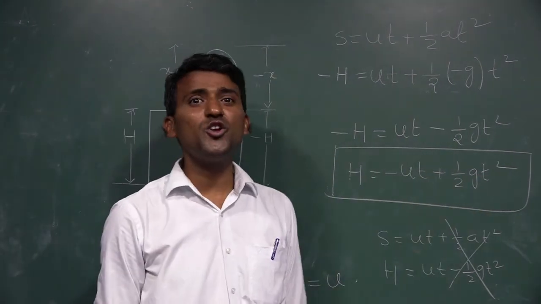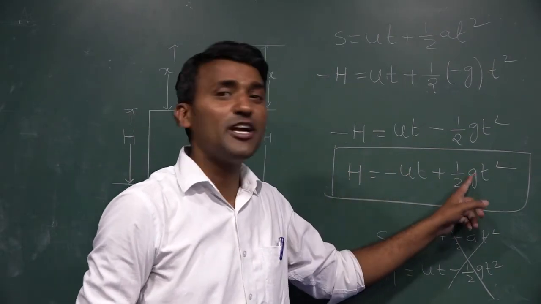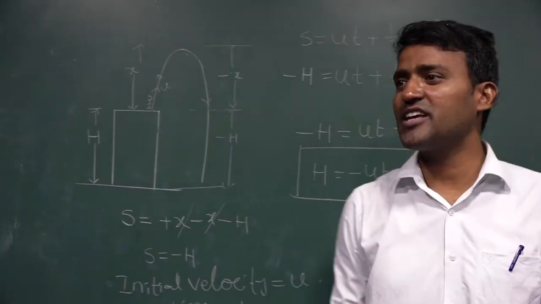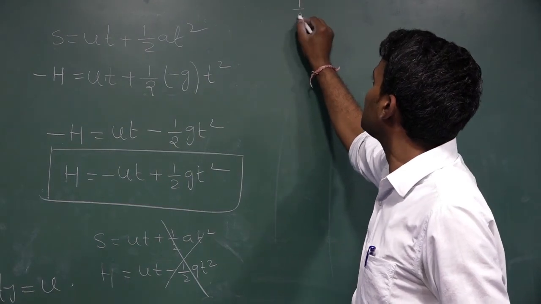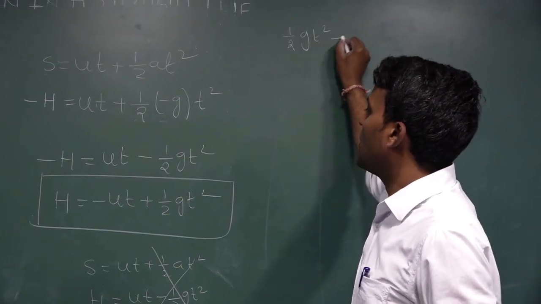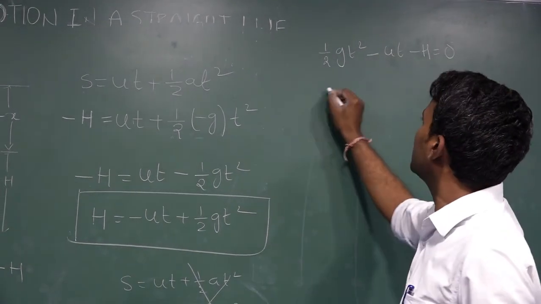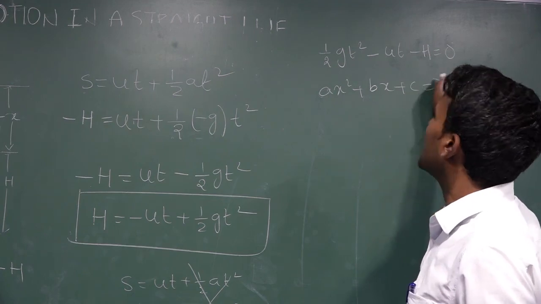For example, if you want to calculate time, they give h and u, but they don't mention t. At that moment, how can you calculate the time? I am writing this equation: half gt square minus ut minus h is equal to 0, which is of the form ax square plus bx plus c is equal to 0.